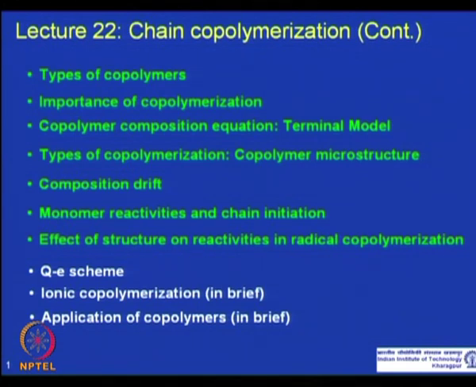We discussed how the reactivity difference between the monomers gives rise to these types of copolymer microstructure, and copolymerization composition drift with time. Then we talked about how the monomer reactivities and different types of chain initiation determine the values of the reactivity ratios.